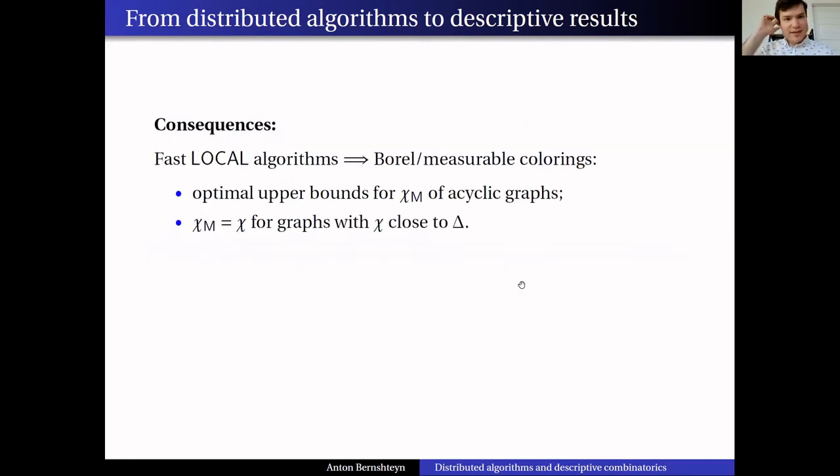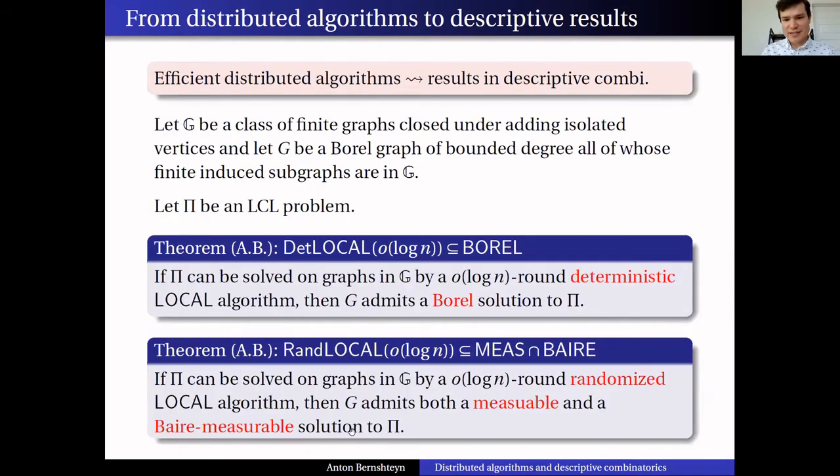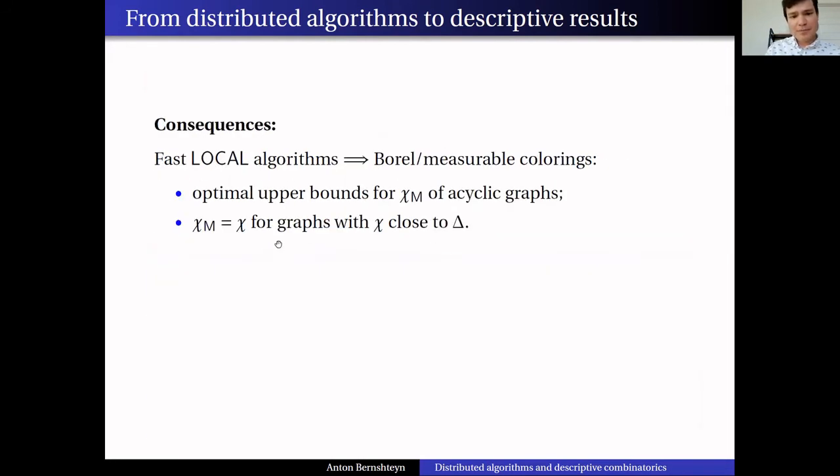Okay, so yeah, again, the consequence is you can go two ways. If you know that there is a fast local algorithm for some problem, this implies that depending on whether it's deterministic or randomized, you can get Borel or measurable solutions to problems on Borel graphs. So in the same paper where these results are proved, I showed a sample of such applications.